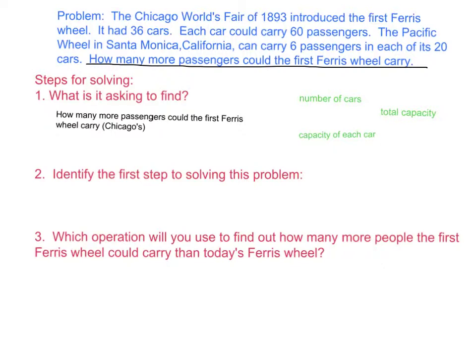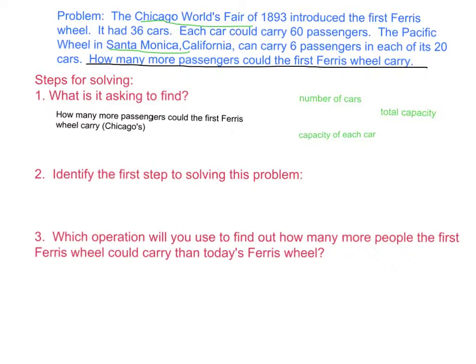I need to find out the total capacity of the Ferris wheel in Chicago and the total capacity of the Ferris wheel in Santa Monica, because that's what I'm comparing here. I'm comparing Santa Monica and then, of course, the Chicago's World Fair Ferris wheel. So let's first do the Chicago Ferris wheel.